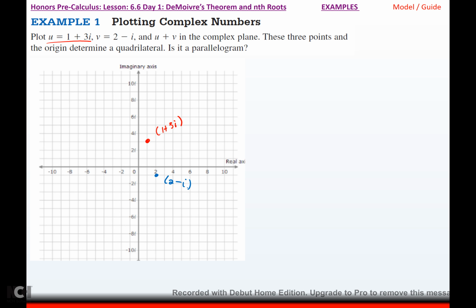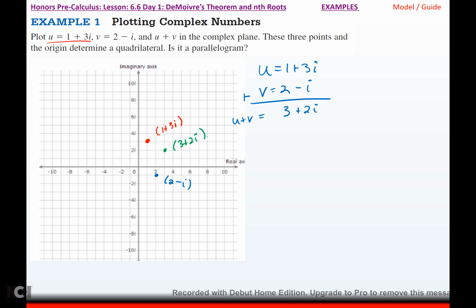Alright, so then they want me to do u plus v. Well, if u is 1 plus 3i and v is 2 minus i, then u plus v is 3 plus 2i. So if I plot that, 1, 2, 3, 2 up, there's 3 plus 2i.